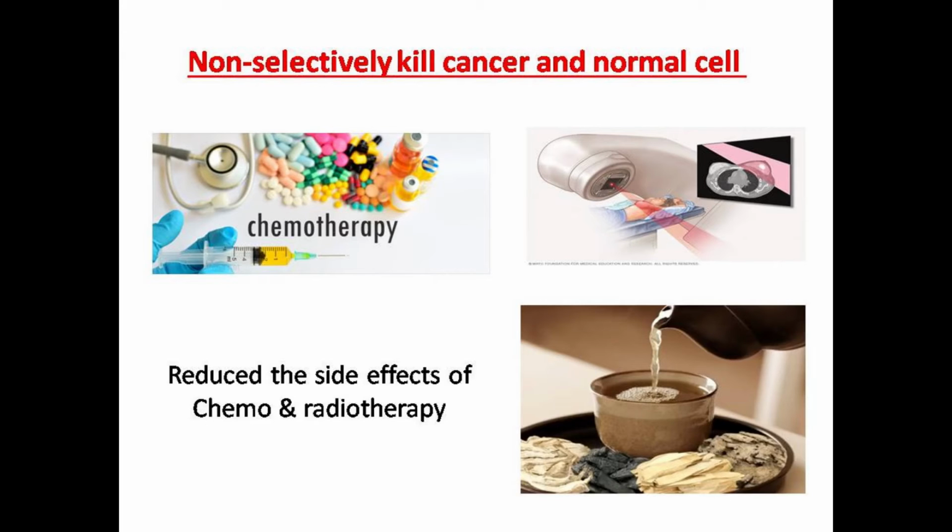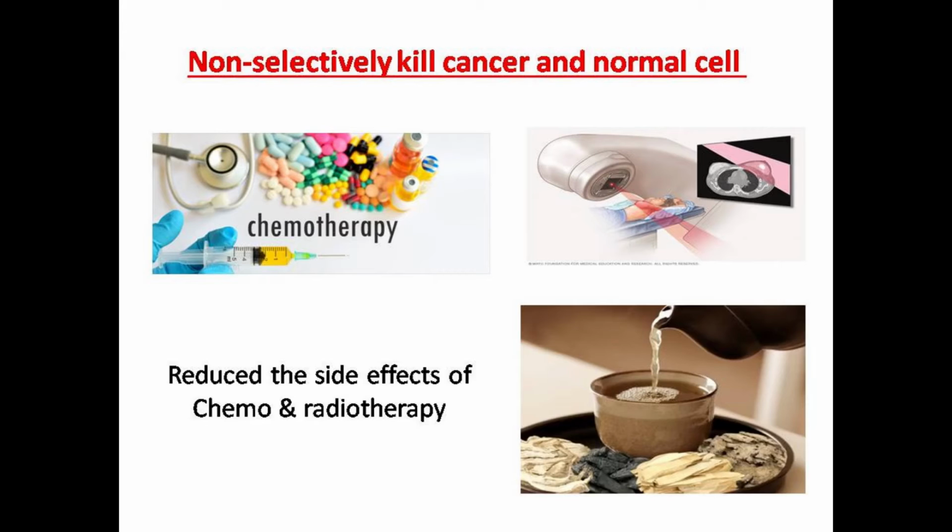And the third one: some Western medicine, like chemotherapy and radiotherapy in cancer treatment, can't recognize which is the cancer cell and which is the normal cell. They kill everything, causing a lot of side effects. After chemo or radiotherapy, the patient's red blood cells or white blood cells are significantly reduced.